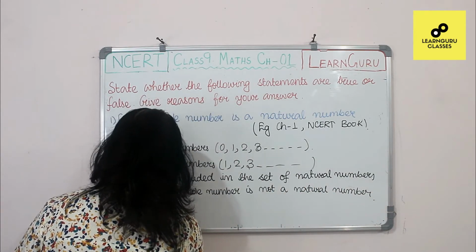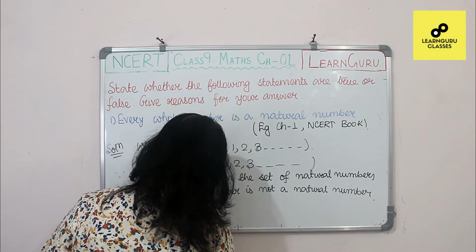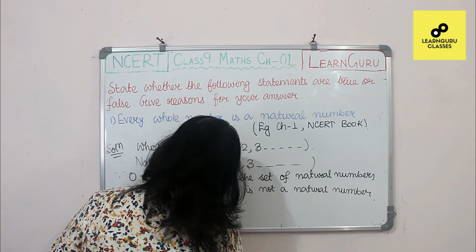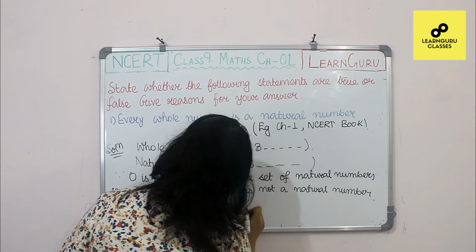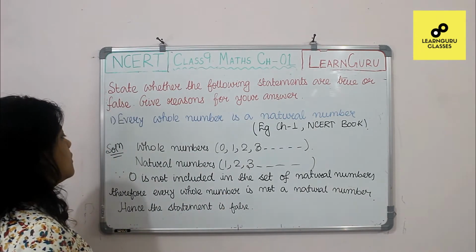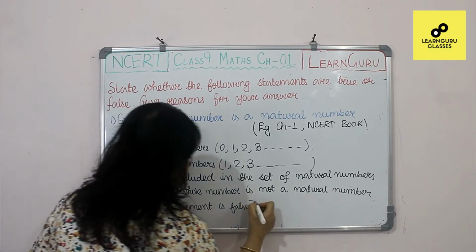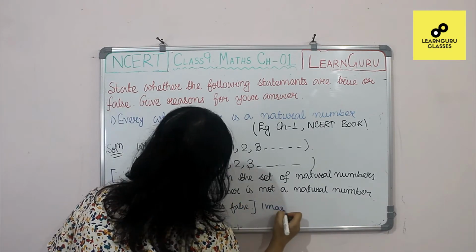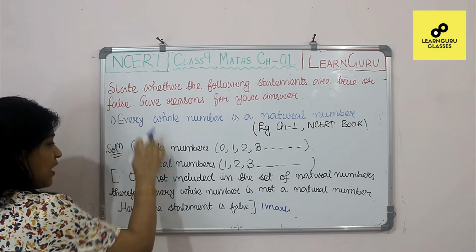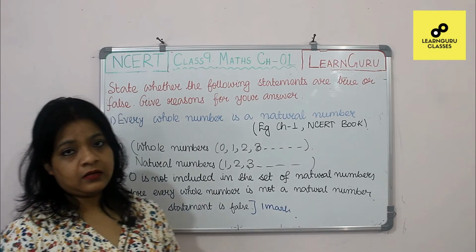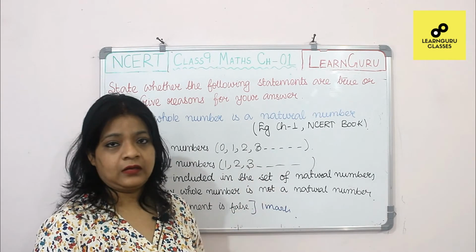Hence, the statement is false. If it comes for 1 mark, then you can write from this to this. And if it comes for more marks, of course, you have to show the entire thing. So, is it clear to you? Yes, it's very easy.